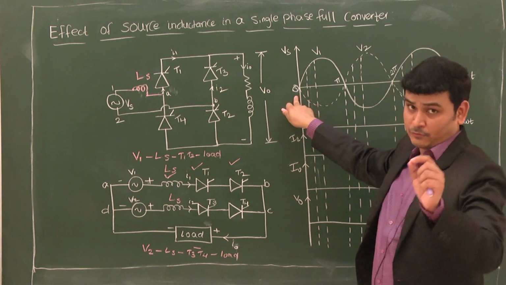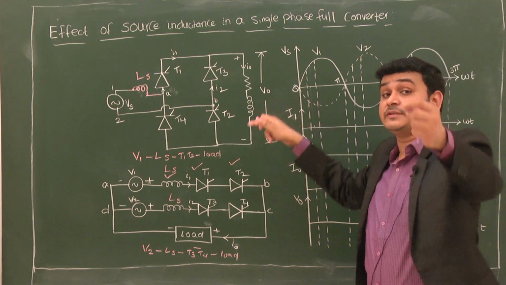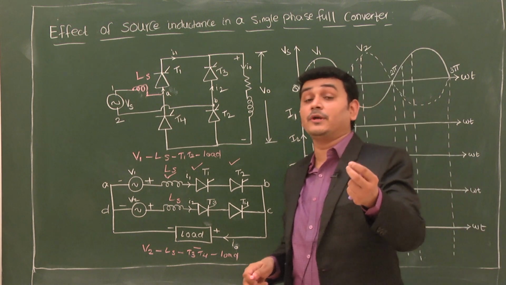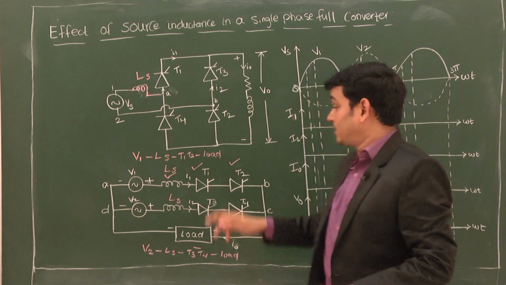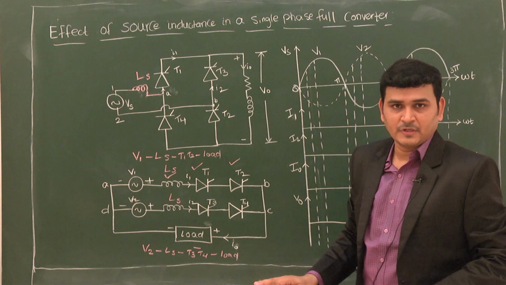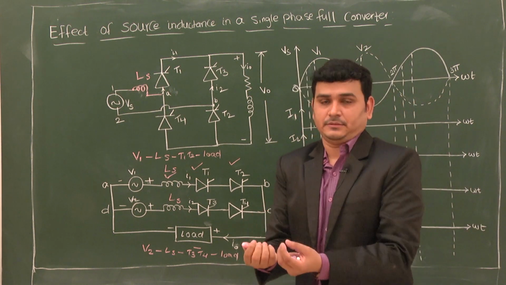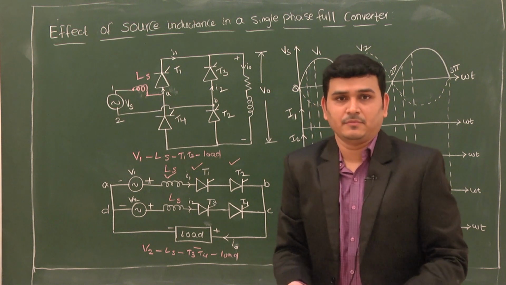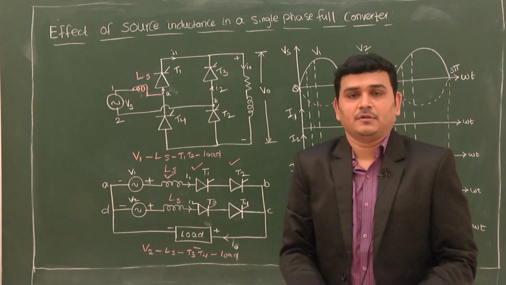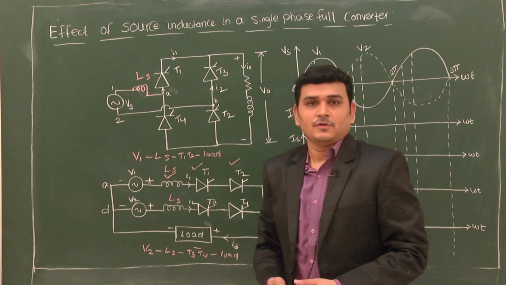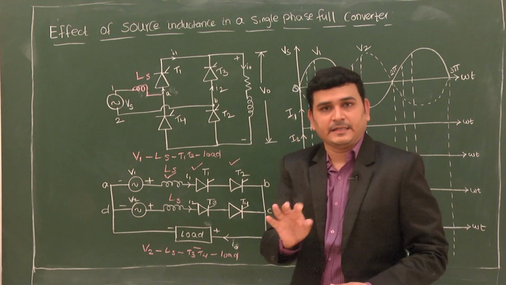Or else you can consider here also. If you consider omega t equal to 0, what are the outgoing thyristors? Outgoing means those which are going to be turned off. So T3 and T4 will be turned off. Incoming thyristors are those which will be conducting when you trigger them, so T1 and T2 will be conducting.